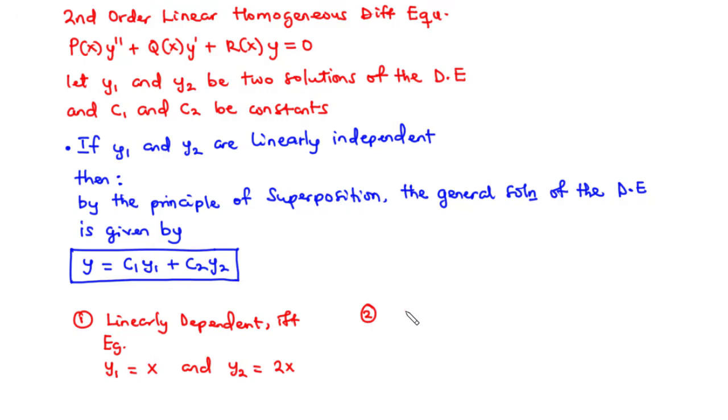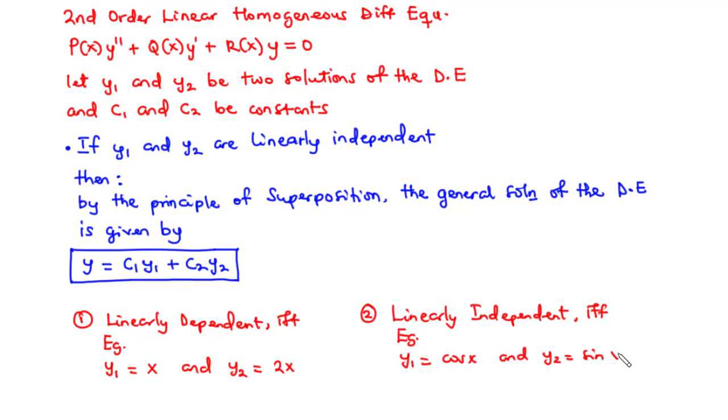On the other hand, two functions are said to be linearly independent if one is not a constant multiple of the other. For example, we can talk about functions such as y1 equals cos x and y2 equals sin x.